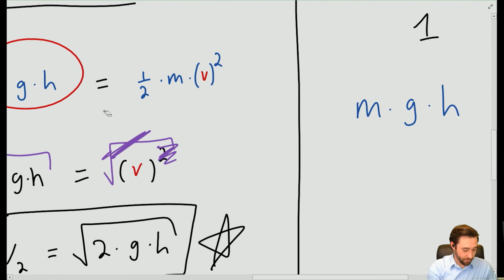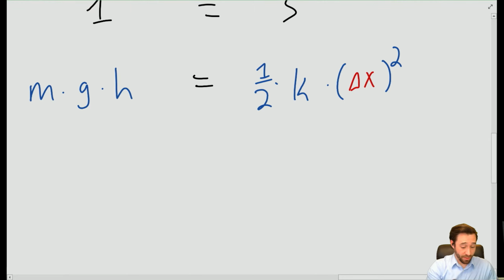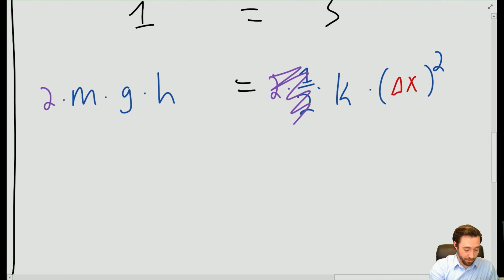So we're going to do the same kind of process. I need to get delta x by itself. So I've got 1/2. Now I want to get rid of that, so I multiply by 2. It cancels over here. I divide by my spring constant, so it will cancel on this side. Divide by my spring constant over here.